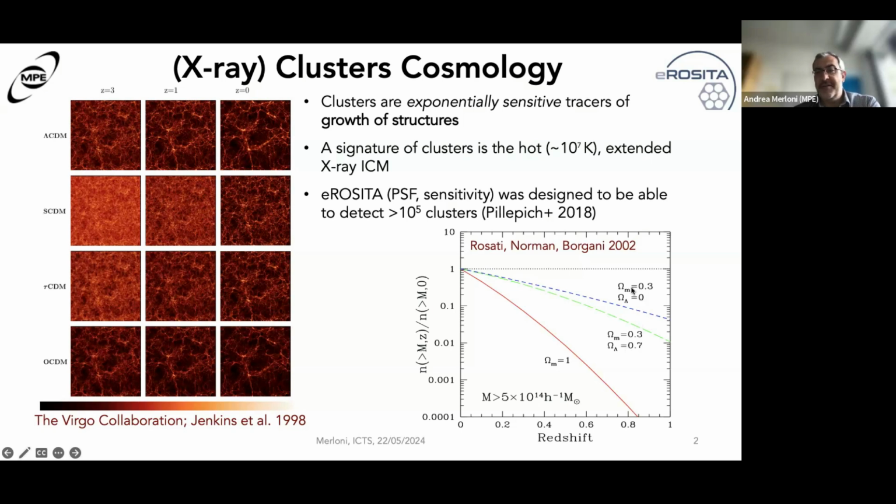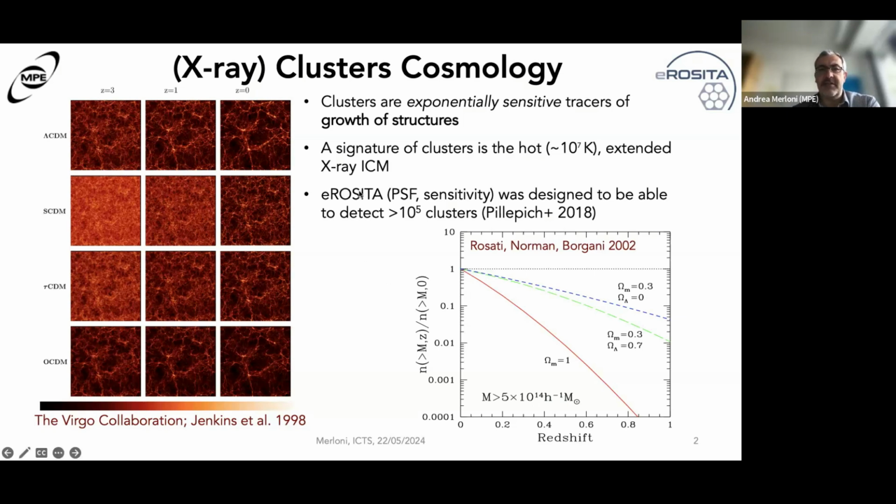Here, of course, some of these have been long ruled out since 2002, but notice that this is a logarithmic scale on the y-axis. So essentially, the experiment we were after was a counting experiment, to constrain the mass function of the biggest structures in the universe at moderate to high redshift.